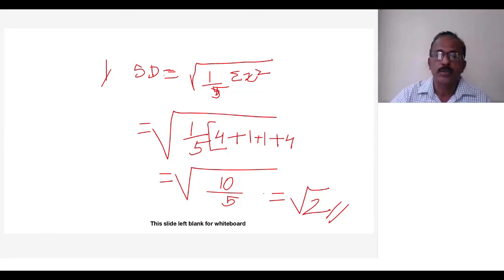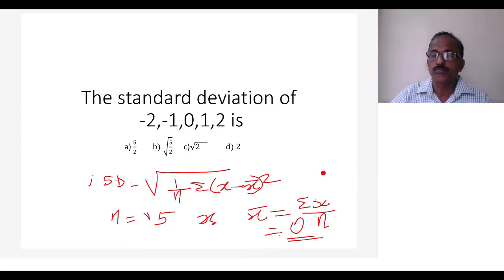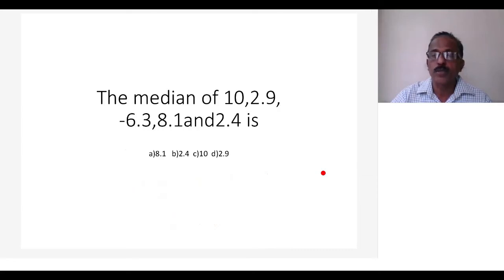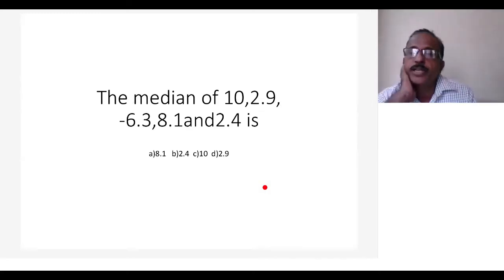So next question. Next question. The median of 10, 2.9, minus 6.3, 8.1, and 2.4.